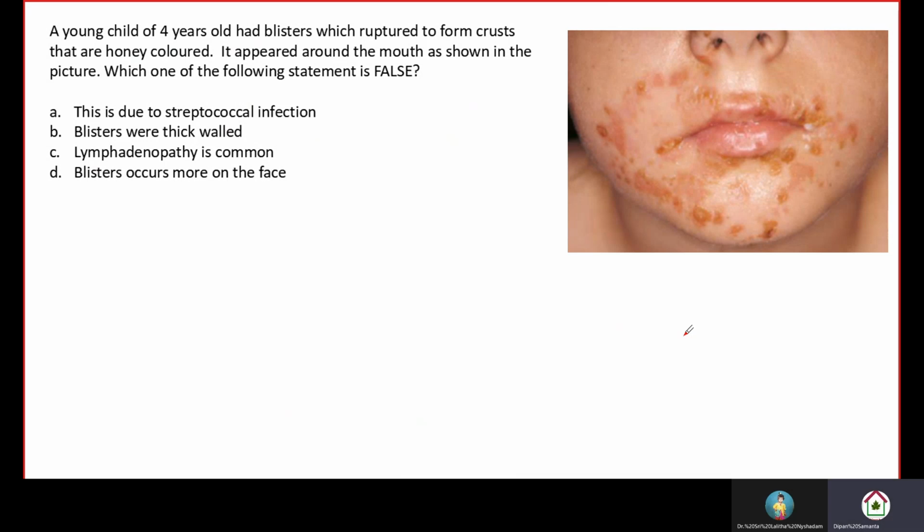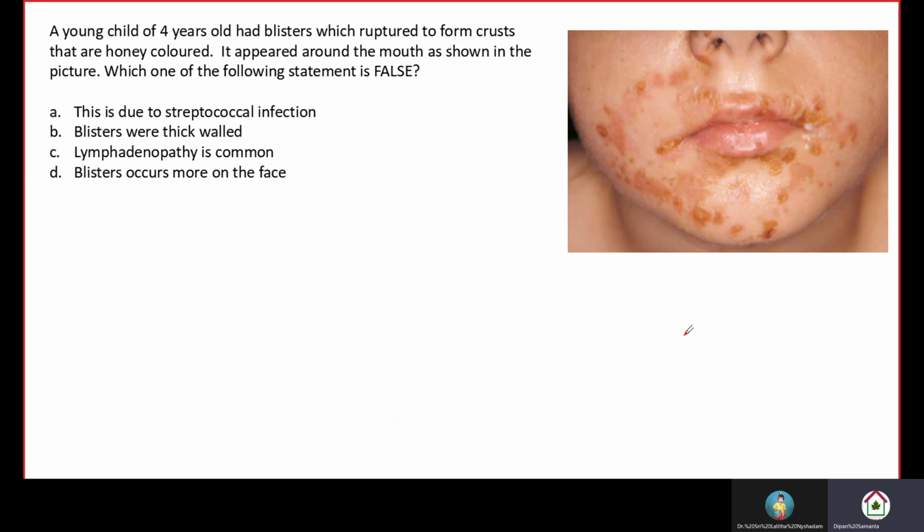It appeared around the mouth as shown in the picture. Okay, which one of the following statements is false? This is due to streptococcal infection. Blisters were thick-walled. Lymphadenopathy is common. Blisters occur more on the face.